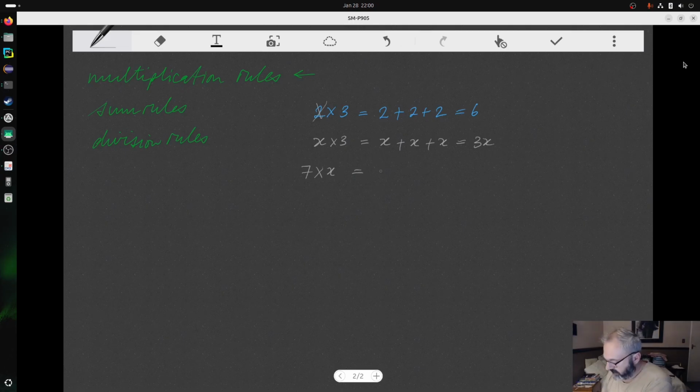So that would be 7 x's. This is the first rule to remember. When I'm multiplying a variable or a placeholder by something, then I've got 7 apples, 3 apples. So use that apples analogy to remember this one.